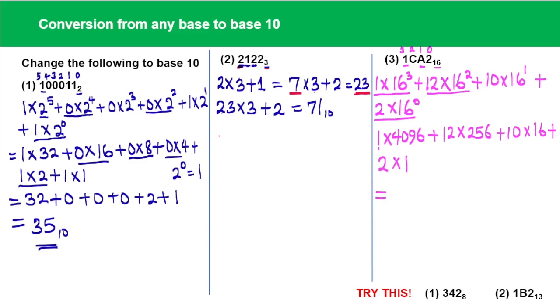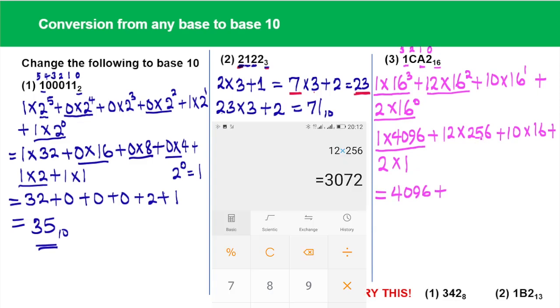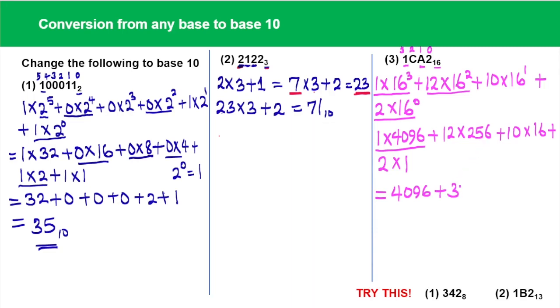If we simplify this further, 1 times 4096, that will be 4096 plus 12 times 256. 12 times 256, that should be 3072.